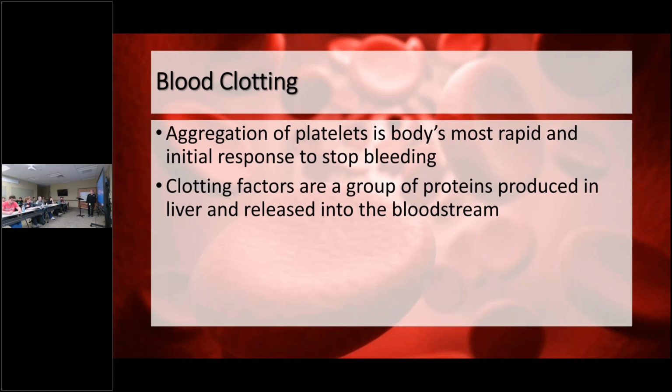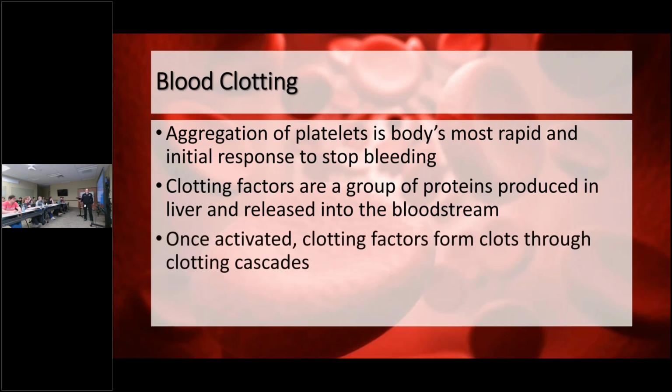So, this becomes important to know because if somebody has chronic liver problems, do you think it's going to be easier for them to clot or more difficult? Yeah. And then once the clotting cascade is activated, those little clots form, and then our body starts to heal. Okay. There's a lot that goes into this. This is very basic coverage of it.